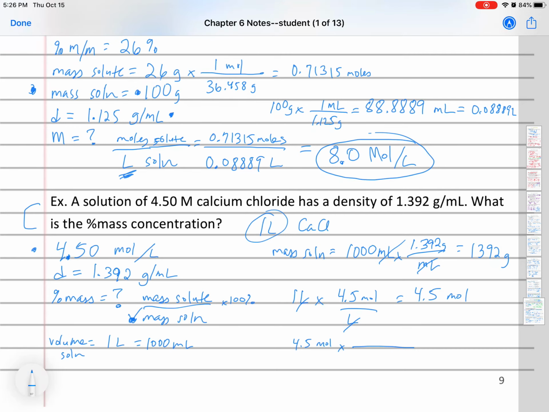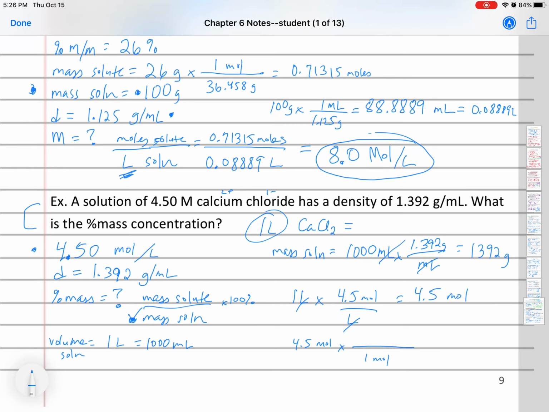Calcium chloride is CaCl2. Calcium has a 2+ charge. Chloride has a 1- charge. So CaCl2. So 1 mole of CaCl2. We've got to use our periodic table here to figure out the molar mass.